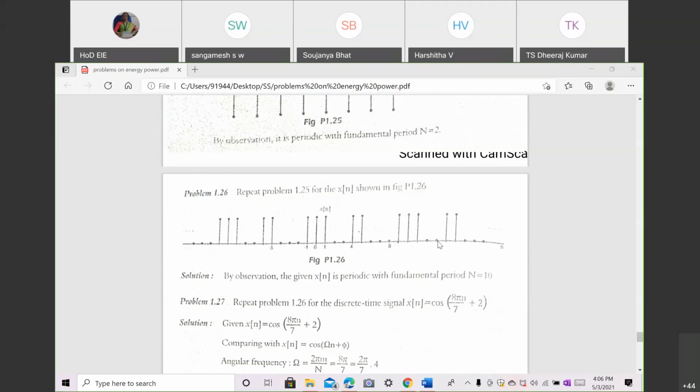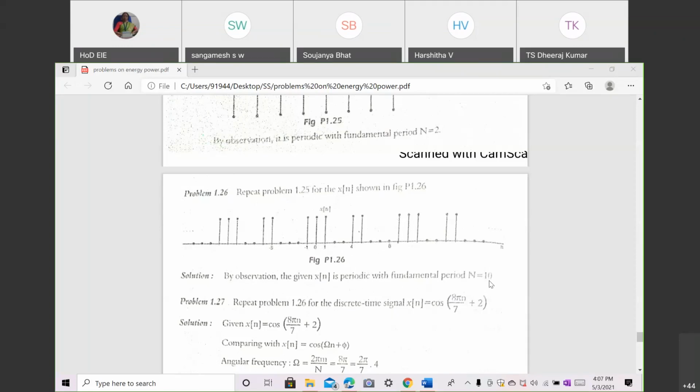See how it repeats: 3 sequences, 2 no, 2 sequences, 3 no, and so on. The pattern is repeating at regular intervals, that's why it is periodic with fundamental period 10.